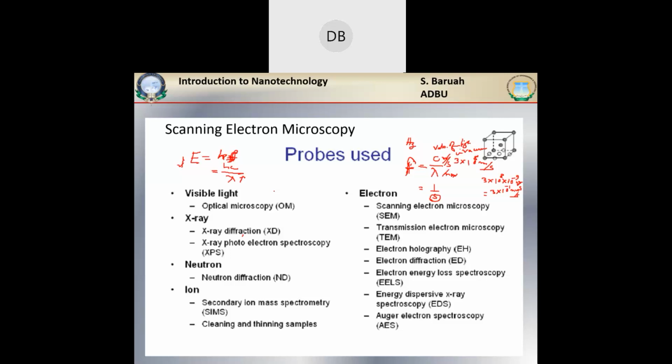They are normally used for a type of spectrometry called secondary ion mass spectrometry, and also for cleaning surfaces. That means ions are bombarded, and ions have some energy in the form of momentum.